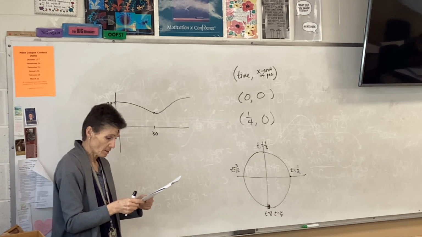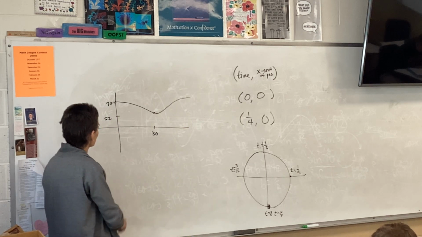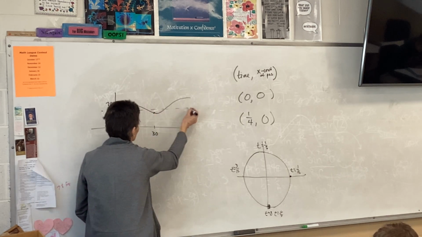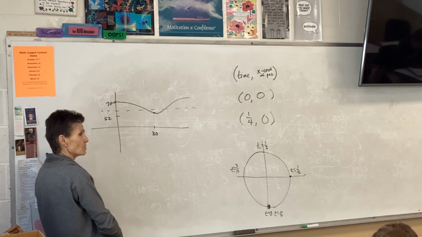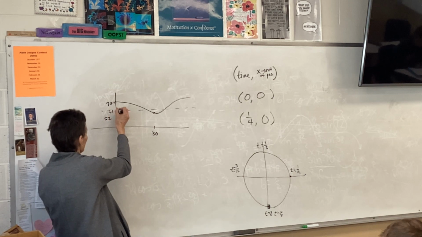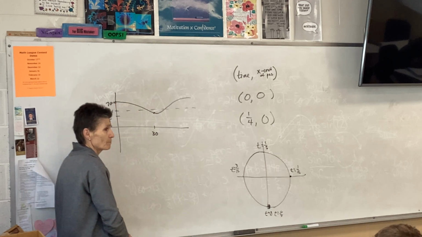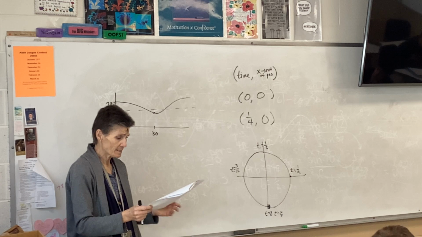So what do we want to know? What is the amplitude? What is the vertical shift? Well, where's the midline? What's halfway between there? 61. So D is 61. And if that's 61, what's your amplitude? 9. So A is 9 and D is 61.